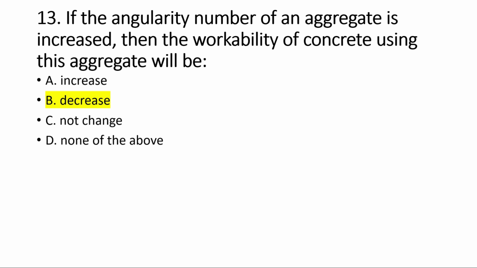Rounded aggregates are preferred in concrete for better workability and higher strength. So option B is correct. The workability of concrete for this type of aggregate will be decreased. So move on to the next question.